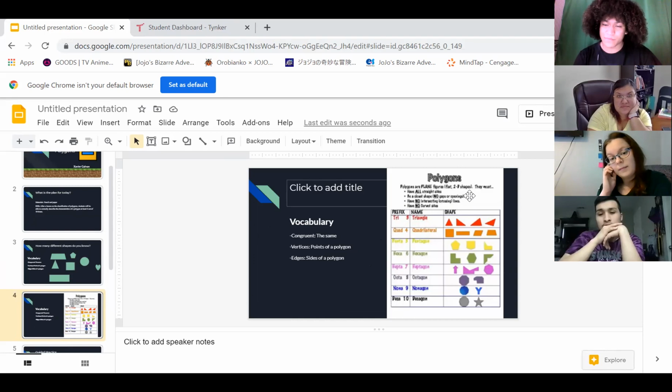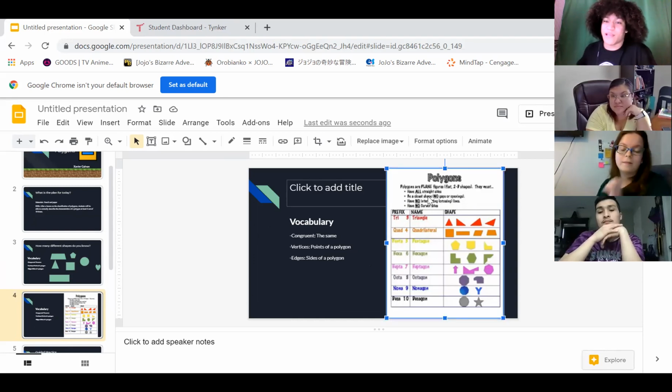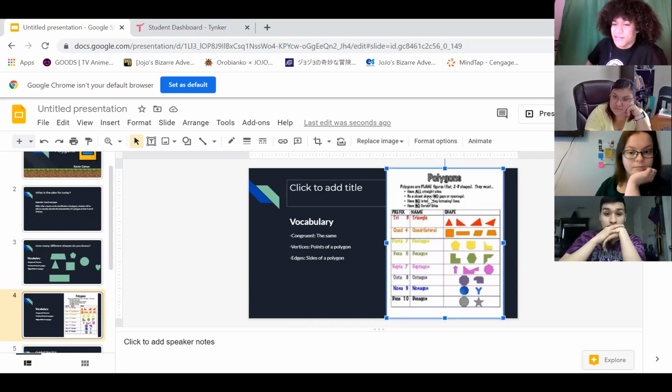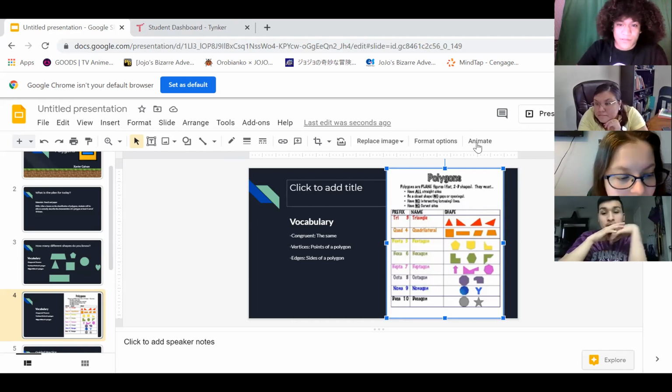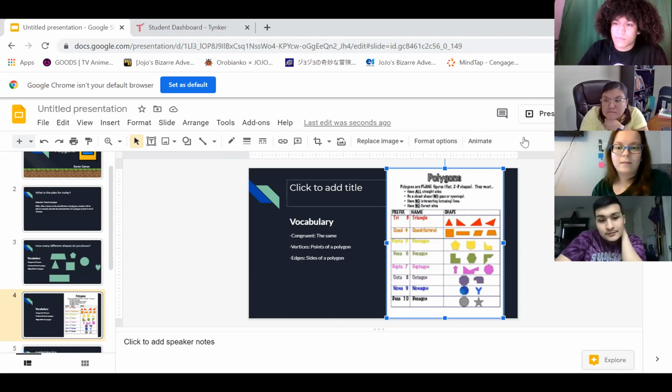So, polygons. Polygons are plane figures. That means they are flat 2D shapes. So we knew that. They have all straight lines. Okay. Does anybody want to read this next line? Oh, I'll pull it up for you. It is a little hard to read.